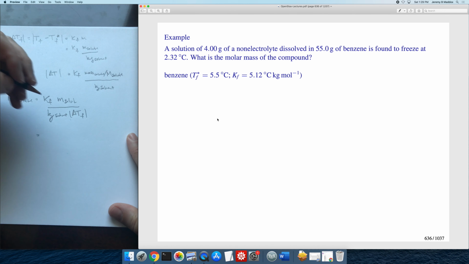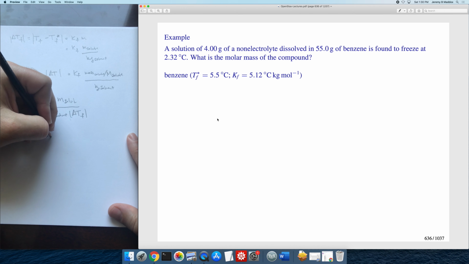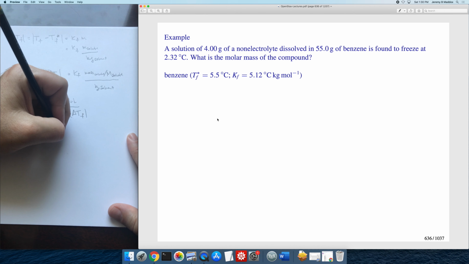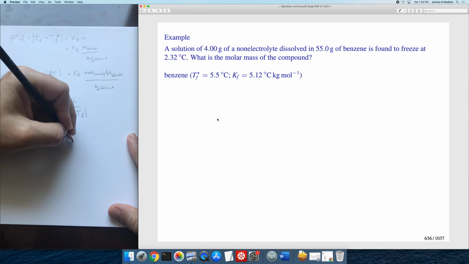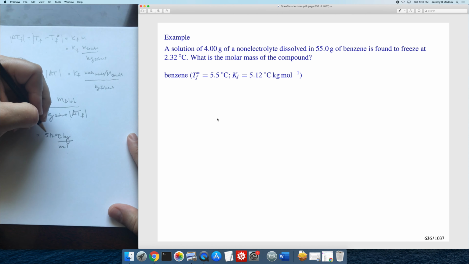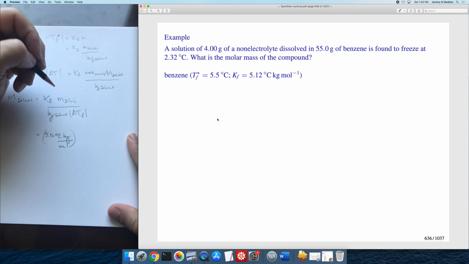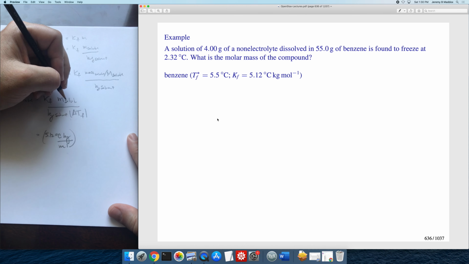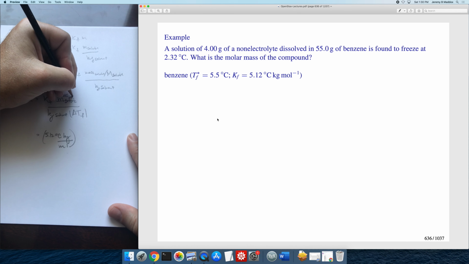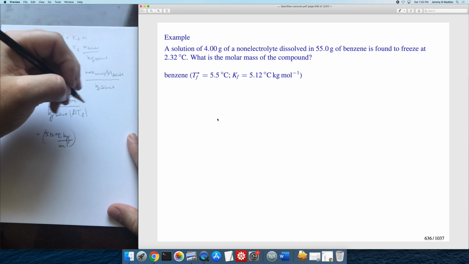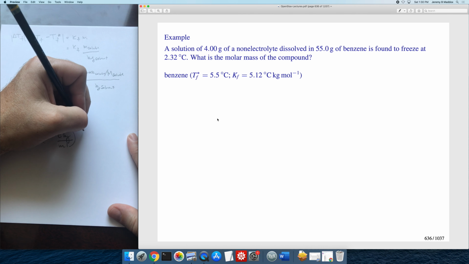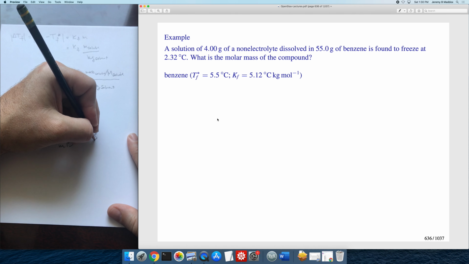So we'll have 5.12 times the mass of the solute, the notation's a little confusing. And so that was 4.00 grams.